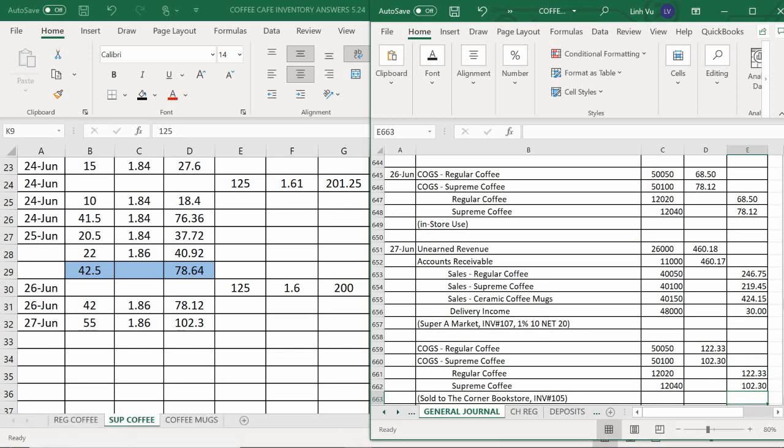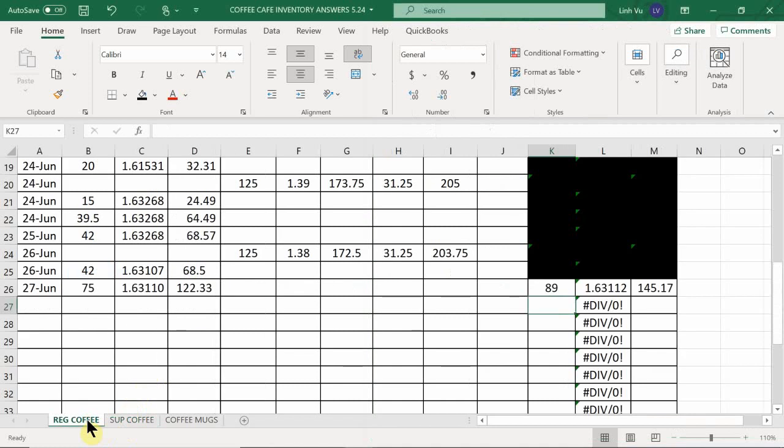Do you need me to go back to that worksheet? Yeah, I have a different number. 75 pounds, right? 75 pounds, yeah. 1.63. Okay.